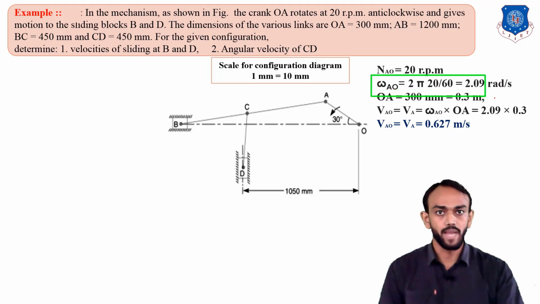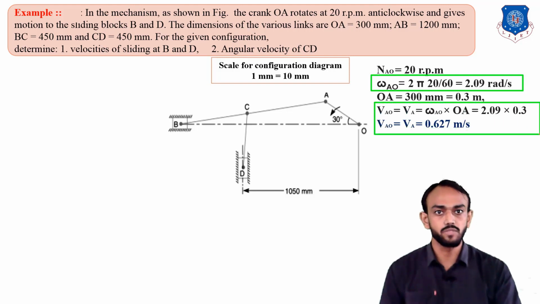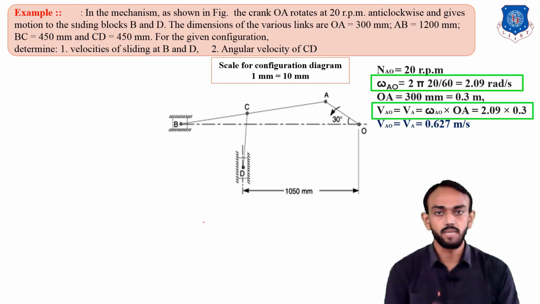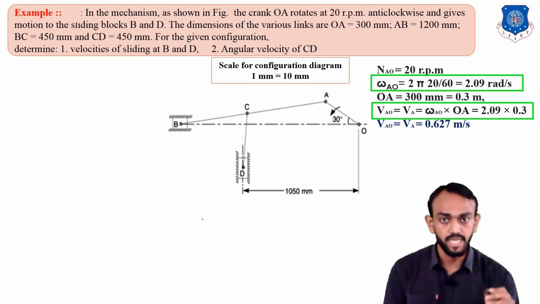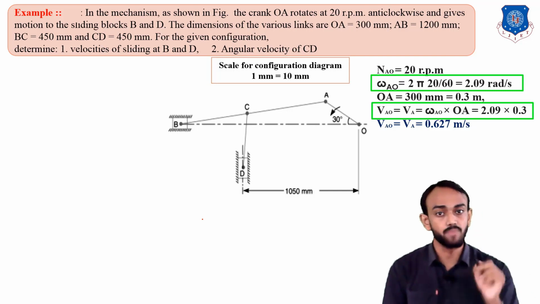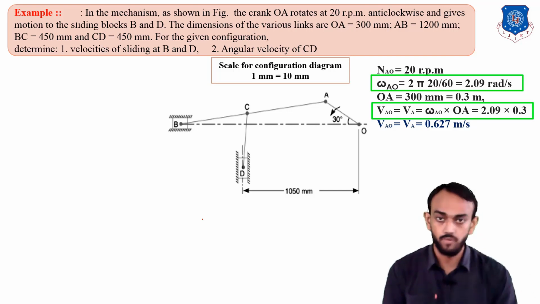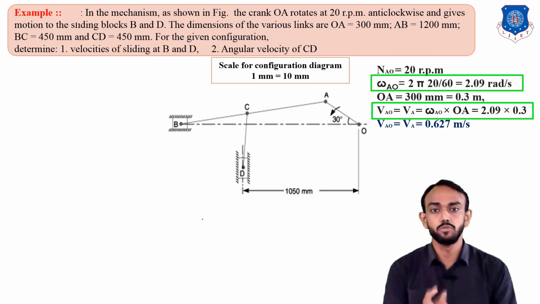Angular velocity is 2 pi N by 60. Then we will find the linear velocity. Linear velocity is nothing but angular velocity into the length of that link. But remember that whenever you use omega into the length of the link, we always multiply the length in meters, because we use SI units here.